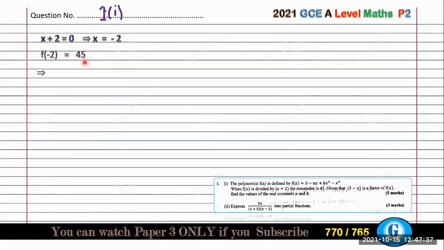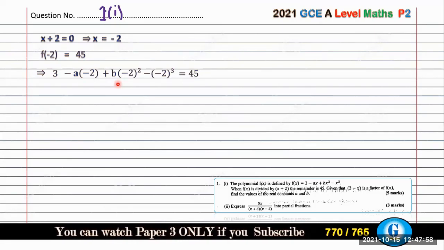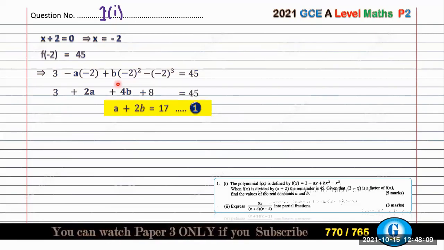This therefore implies that 3 minus a times -2 plus b times -2 squared minus -2 to the power 3 should be equal to 45. We can simplify: we'll have 3 plus 2a plus 4b plus 8 is equal to 45. This gives us the first equation: a plus 2b is equal to 17 when we simplify.